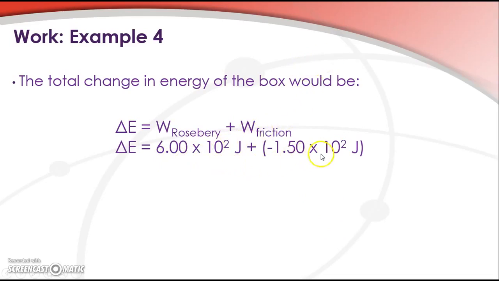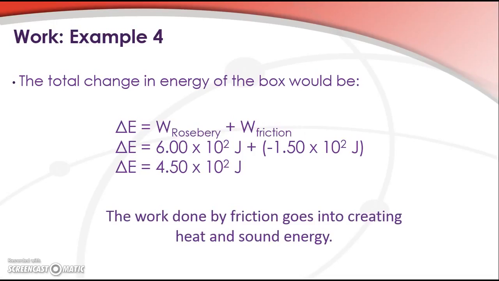And we can see 600 plus negative 150 equals 450 joules of work done on the box as a net. And of course, where did the energy, the work done by friction, where did it go? Well, according to the law of conservation of energy, it has to go somewhere. It creates heat and it creates noise.